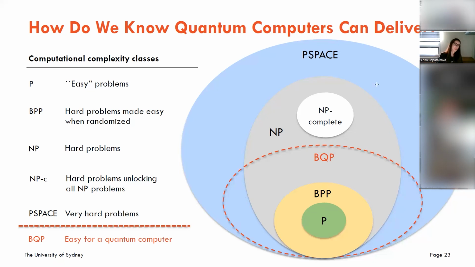These are problems that take exponential time, and you can't even check whether the solution is correct, if you're given one, in polynomial time. So it's really, really bad. And there are other classes of complex problems. I've simplified this chart tremendously. But the point is that the complexity class of problems that are easy for a quantum computer includes some problems that are harder than NP-hard. So quantum computers can definitely deliver some really good stuff for us, and we know it from our theoretical computer scientists, among other proofs.